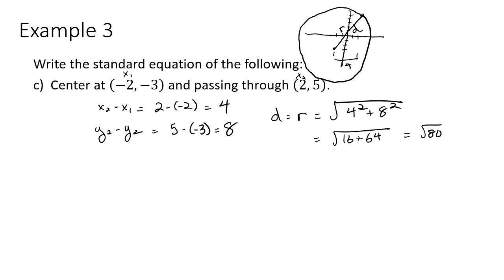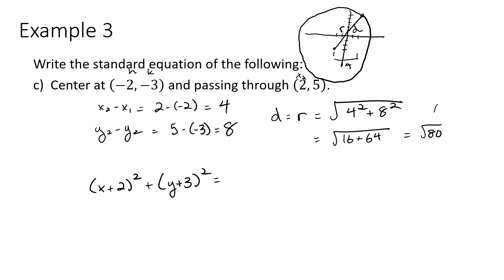Now we can jump straight to putting the equation together. So we're going to have x minus, reading the center for h and k now, x minus h would turn into (x plus 2) quantity squared, plus y minus k would turn into (y plus 3) quantity squared.